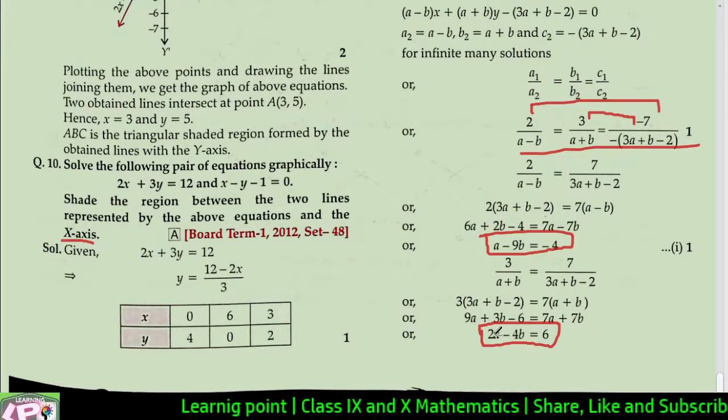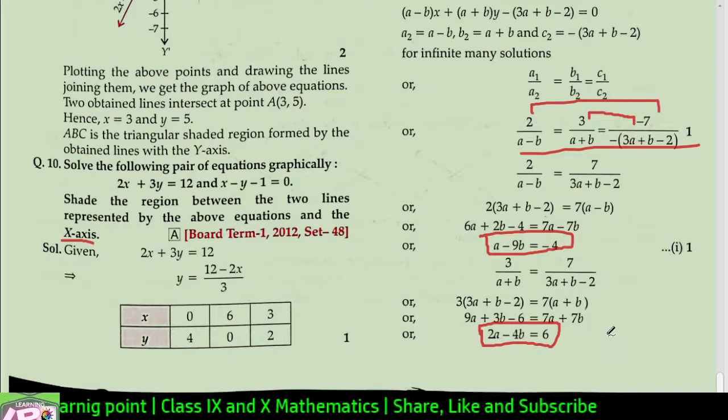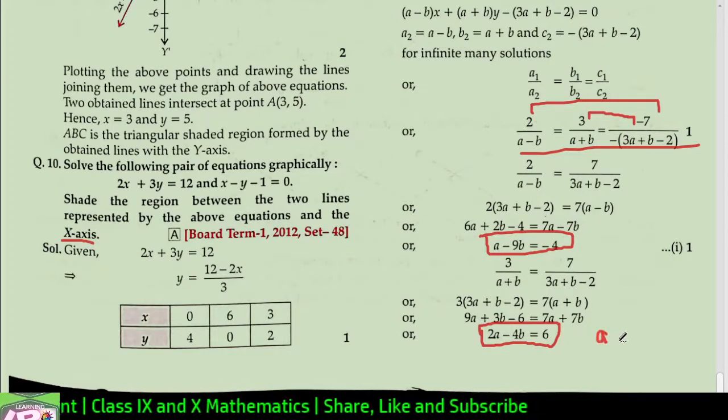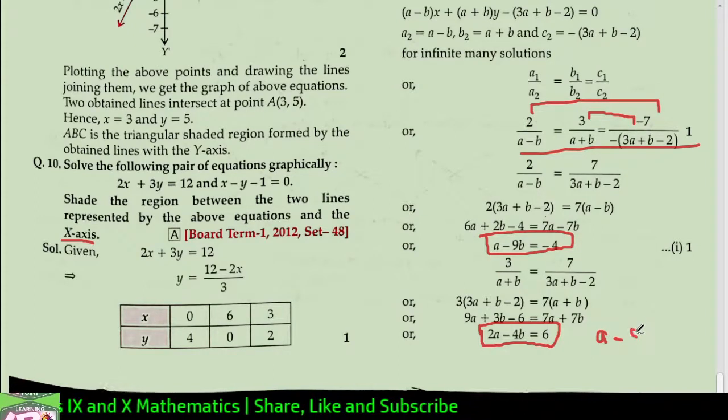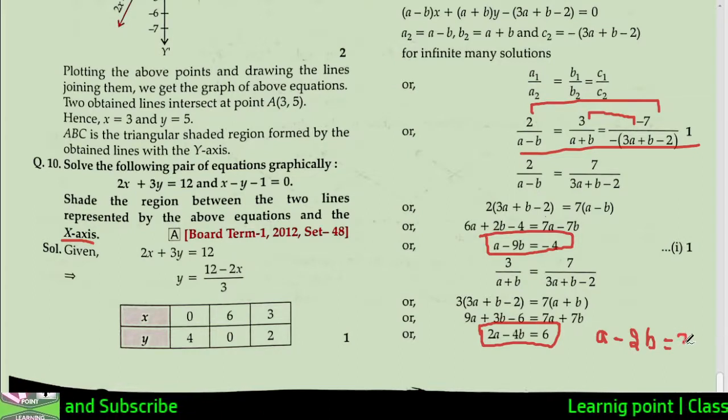If you take 2 common from these two numbers, finally you will get a minus 2b. The 2 which is taken outside, you can divide into this 6, then it will become 3. So a minus 2b is equal to 3.